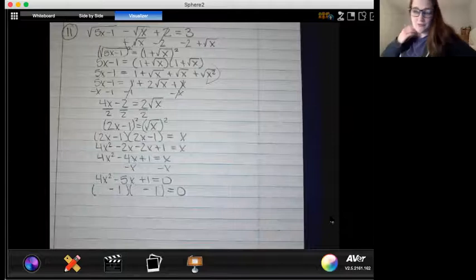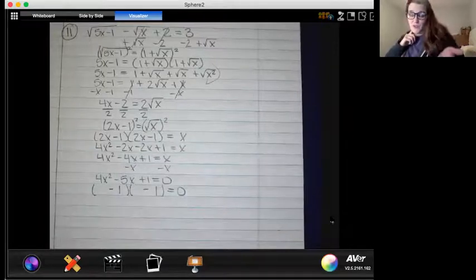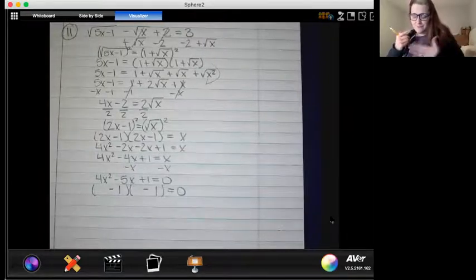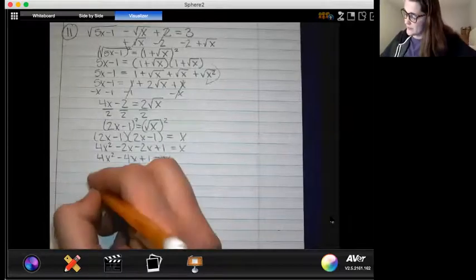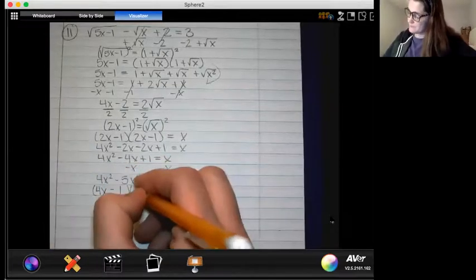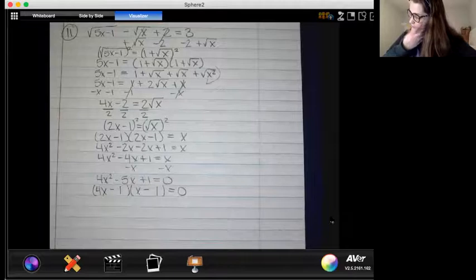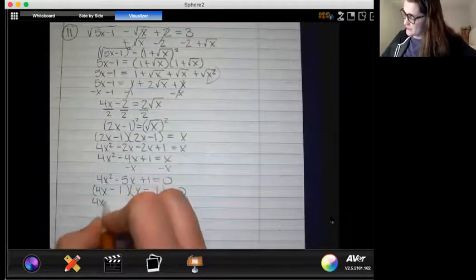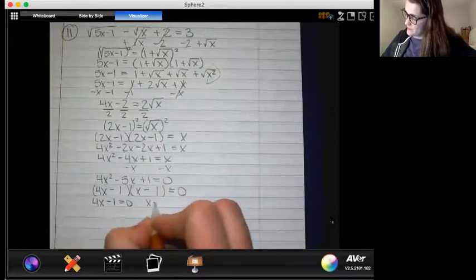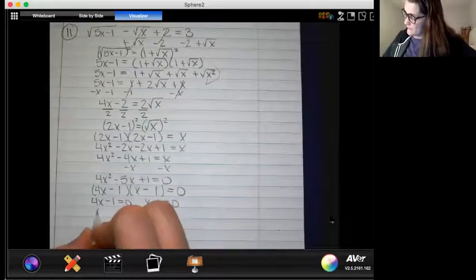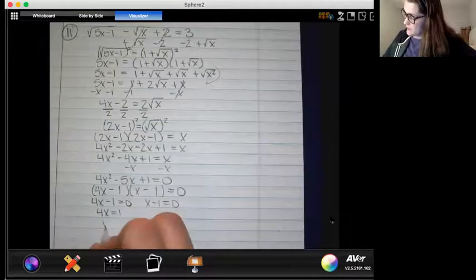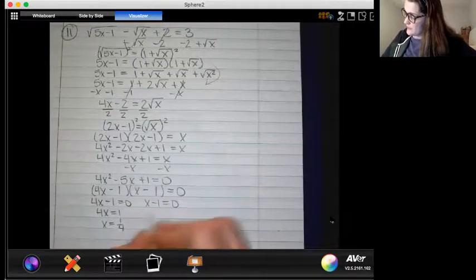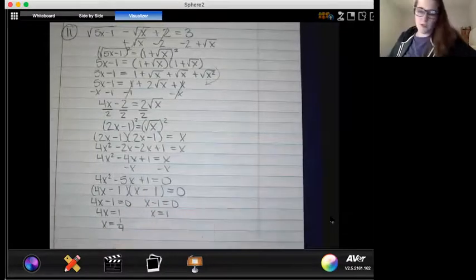Now you just need to figure out, is it 2x and x, or is it 4x and x? The answer is it is 4x and x. Okay. And now we're going to set both of these equal to 0 and solve. So I get 4x equals 1, so x equals 1/4, and x equals 1.